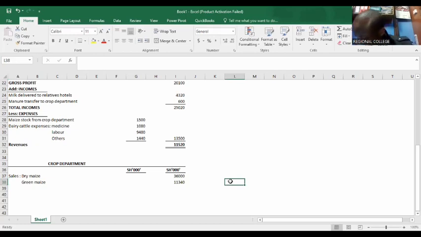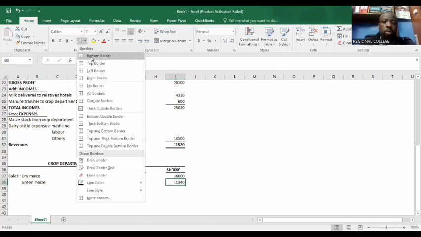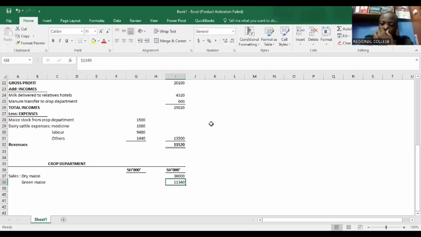I think for sales, that's all. There are only two, dry maize and green maize. So add all of them and get their sum. So this is the total sales.